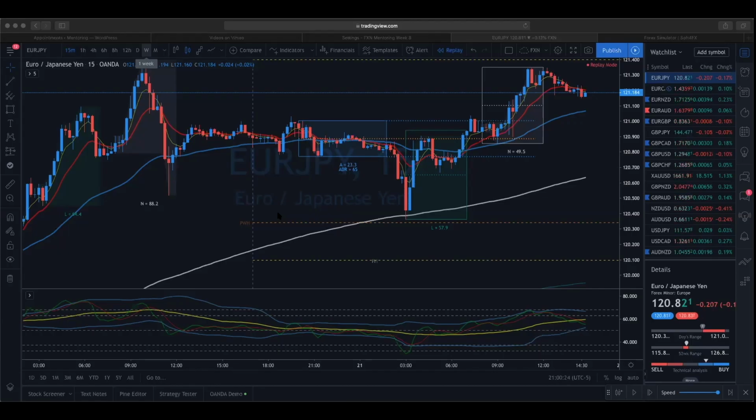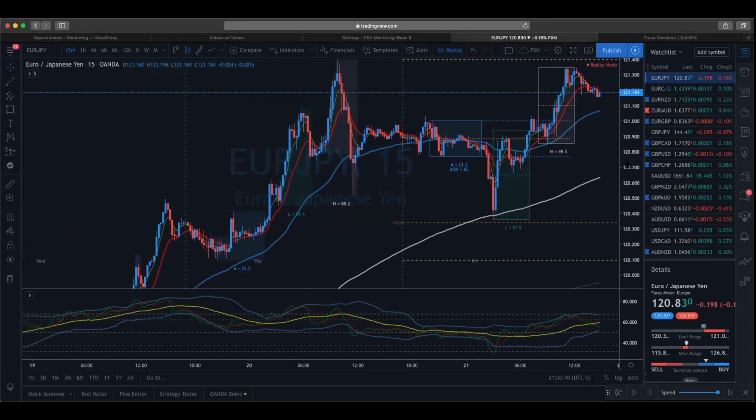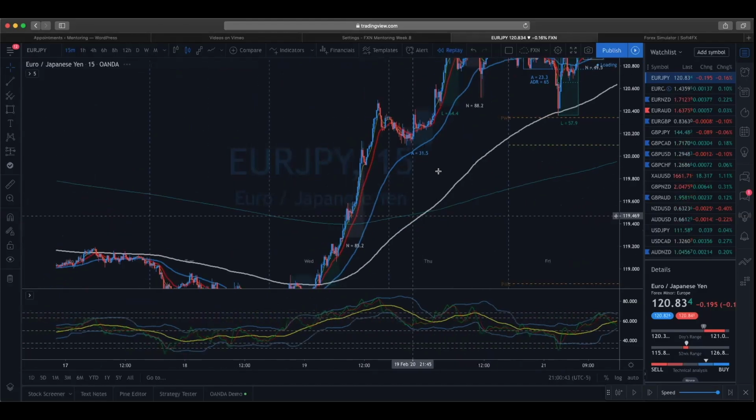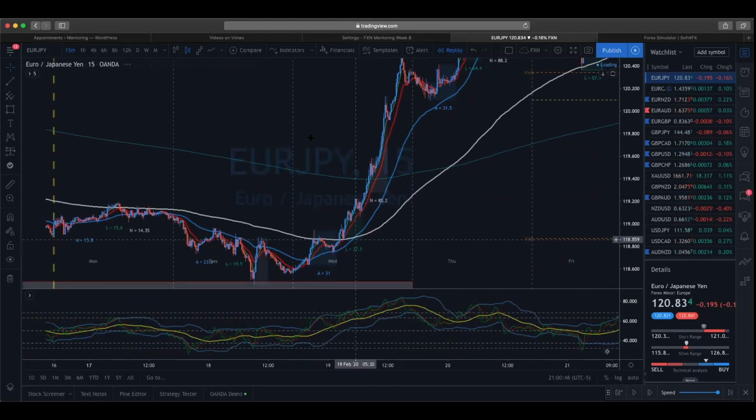If these EMAs are under you like this, then price is basically going up because it's in an uptrend on the higher time frames. But at some point, it's got to reverse. Right. And so that's when you get essentially your trades like this.